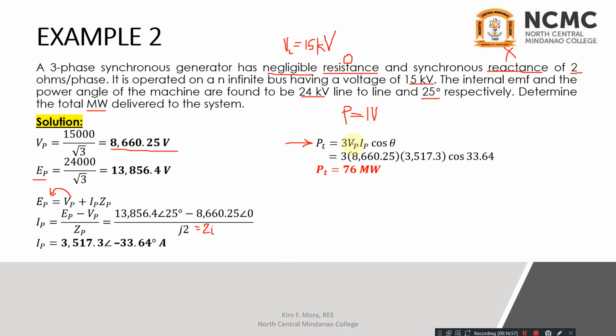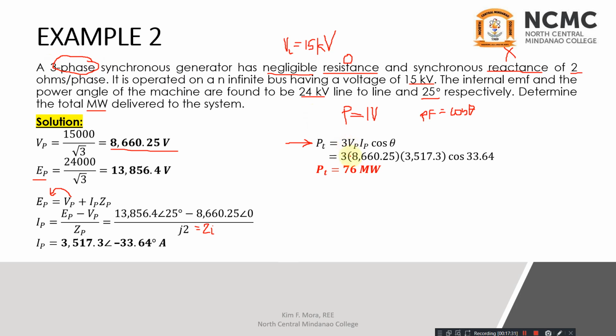But in AC, it is the same, I times V, but together with the angle, which is the power factor, cosine theta. We multiply by 3 because the values are per phase and we want the total, since the given problem is three-phase.